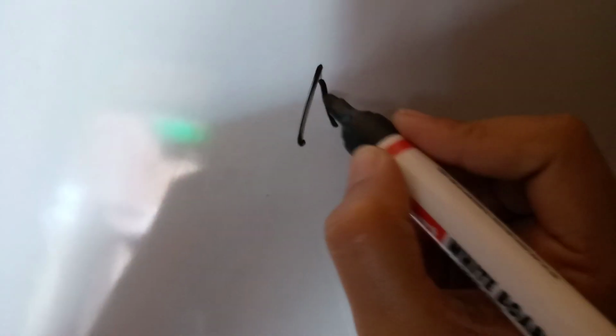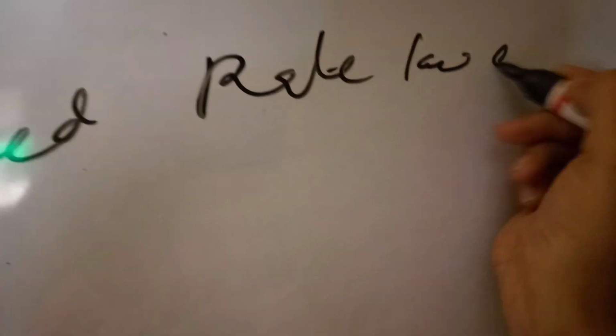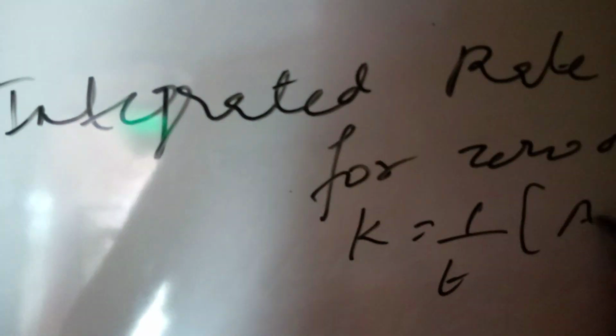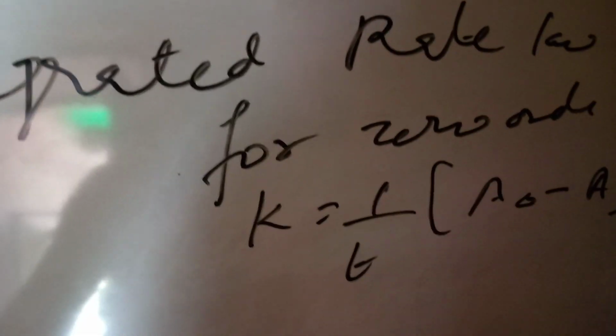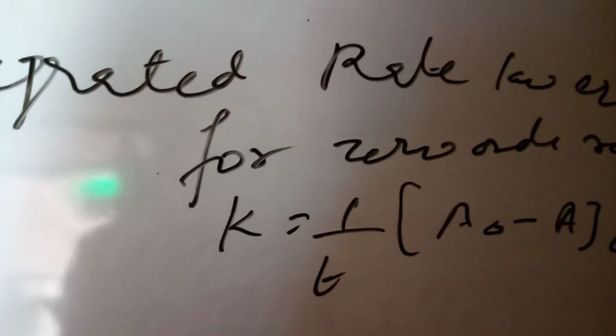Now we have the integrated rate law equation for zero order reaction, that is k = (1/t)[A0 - At]. This is the integrated rate law equation for zero order reaction.